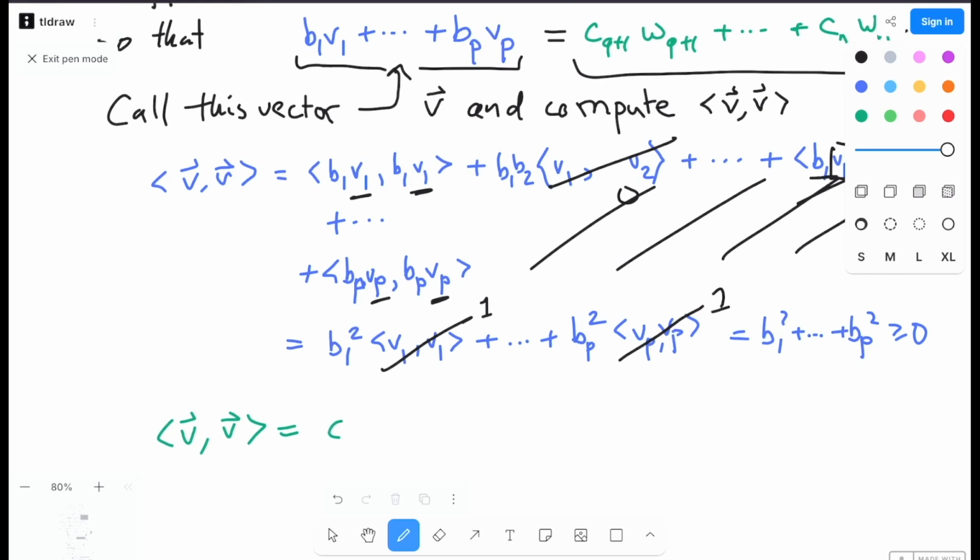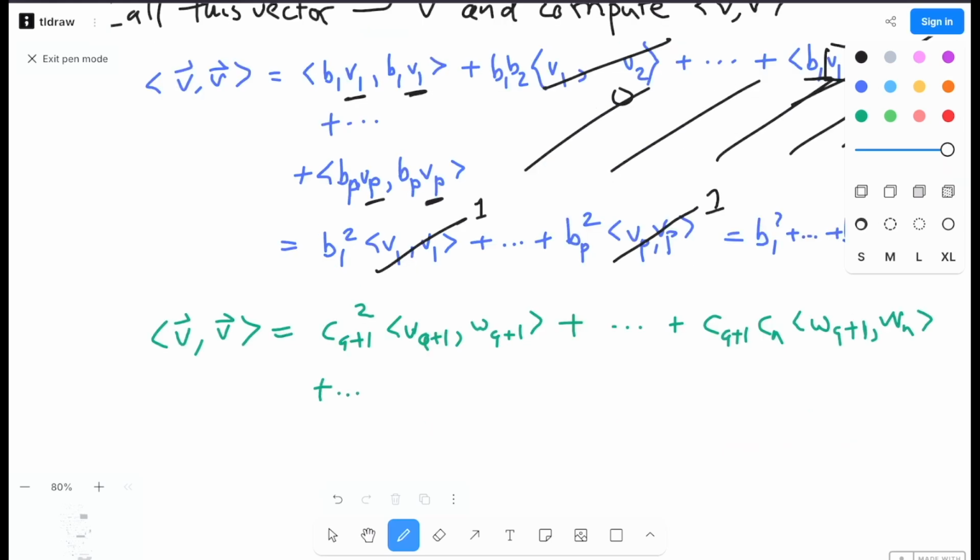This is c_{q+1} squared w_{q+1} w_{q+1}, plus c_{q+1} c_n w_{q+1} w_n, we're getting really sloppy, w_n, and then some other stuff, and then c_n squared w_n w_n.